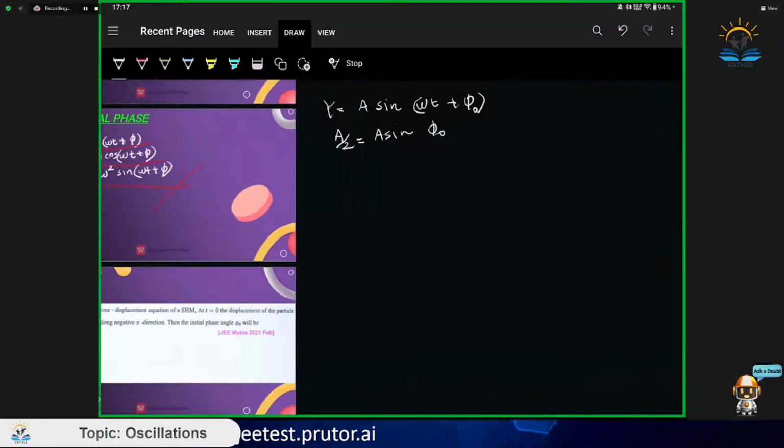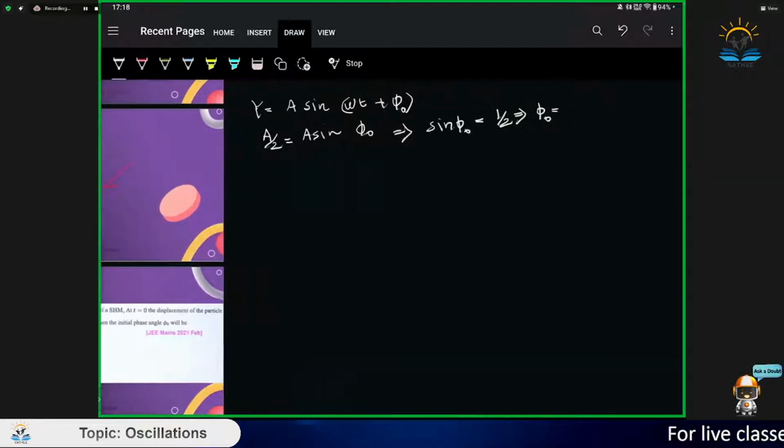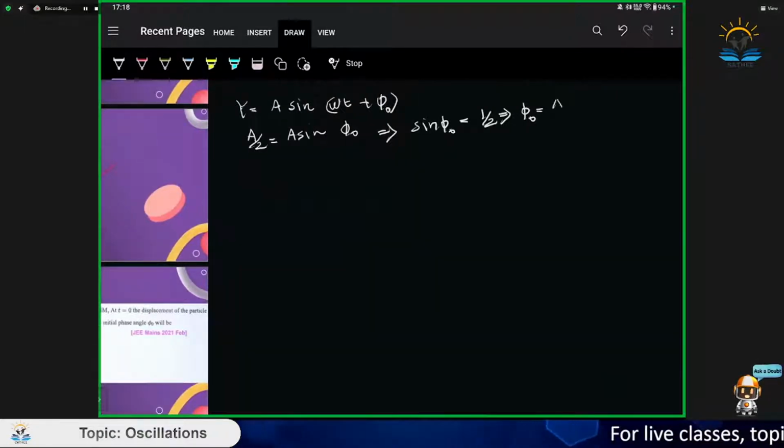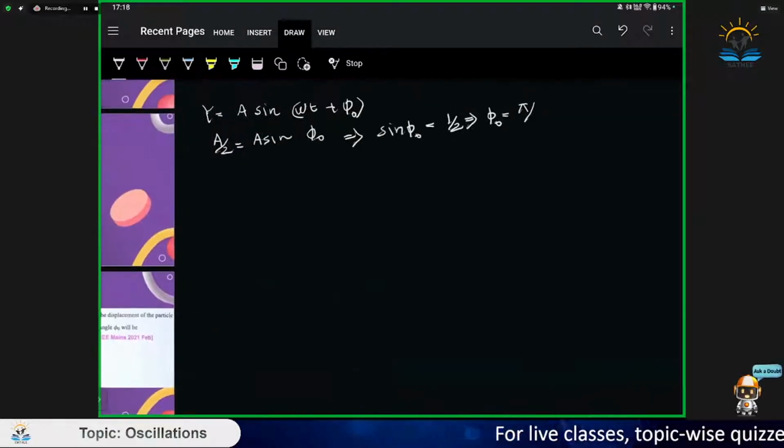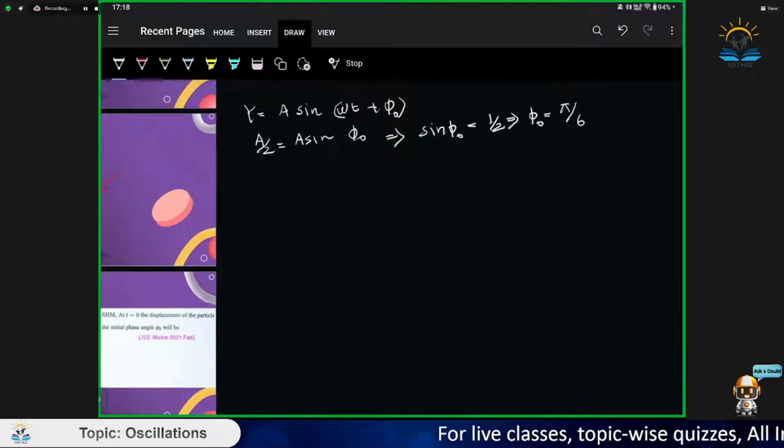That means sin phi 0 equal to 1 by 2. That means phi 0 equal to sin inverse of 1 by 2, pi by 6, right? Pi by 6. But see, this is not the initial phase.